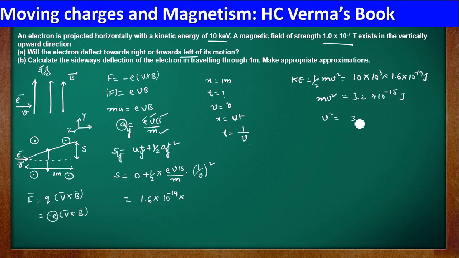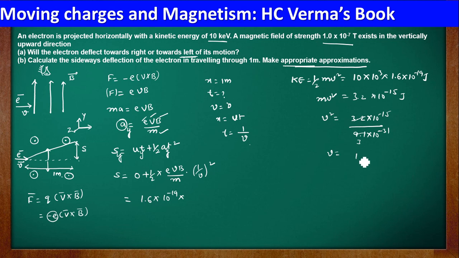V square is equal to 3.2 into 10 power minus 15 joules divided by the mass of electron, 9.1 into 10 power minus 31 kg. Now you need to find velocity approximately. This is almost 3 times, of course less than 3, but we can approximate. He said we can use appropriate approximations.